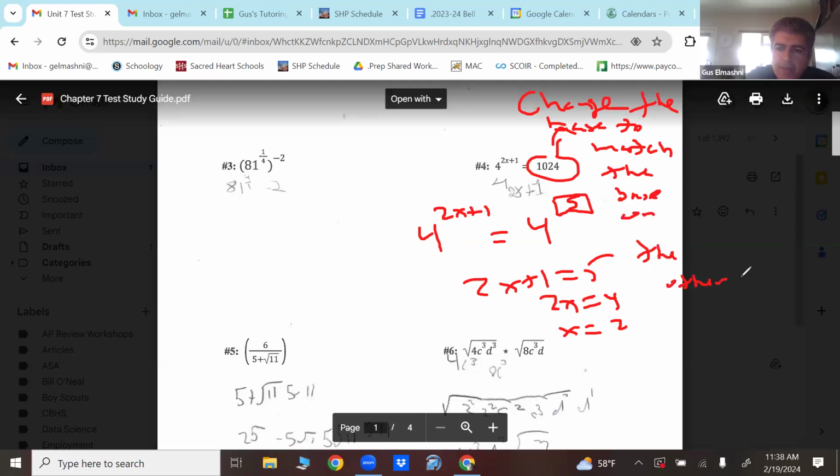Sorry, my handwriting's not the greatest, but the base on the other side is 4. So you want the same base on the right side, so that when you have the same bases, then the exponents have to be the same. And that's what we're doing there.